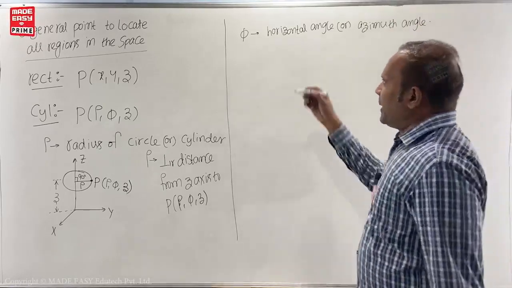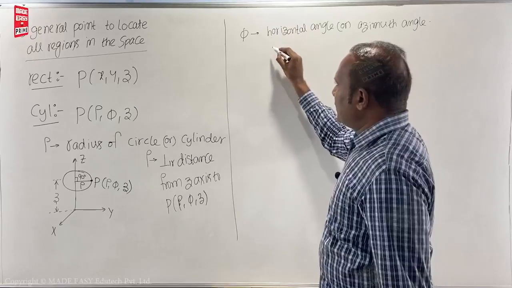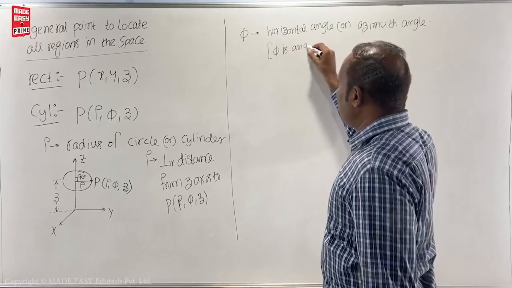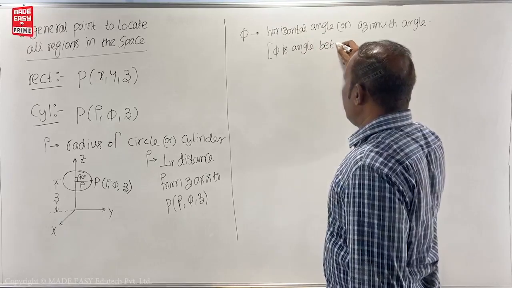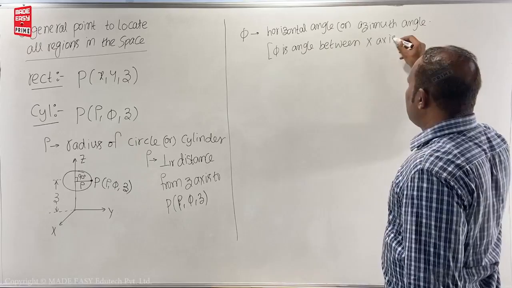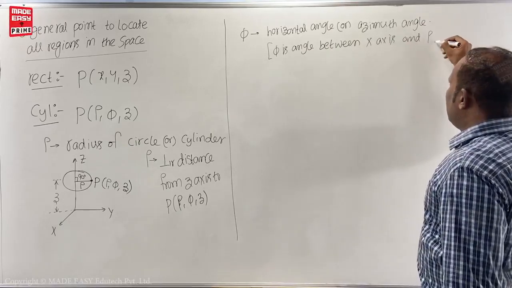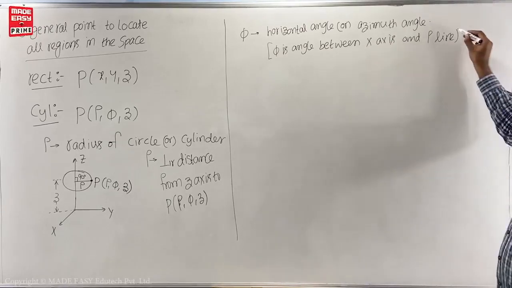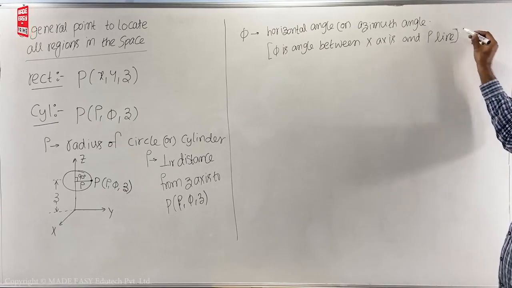Now how do you measure this? Phi is the angle between the x axis and the rho line, right dear friends? This we have already studied.